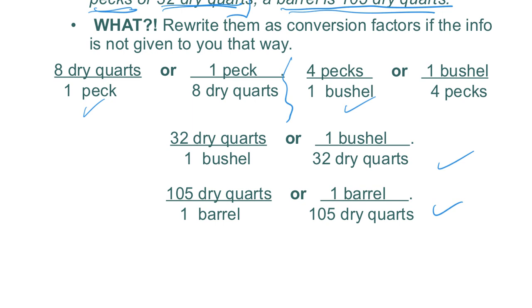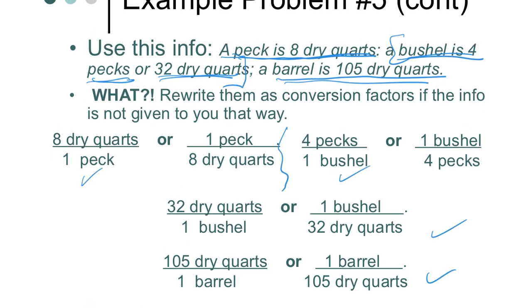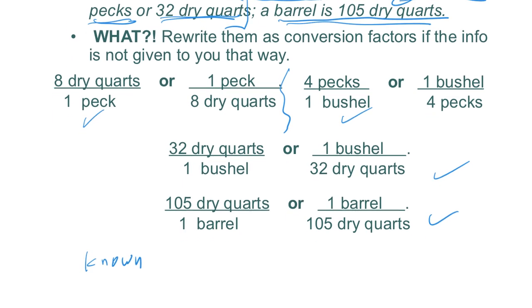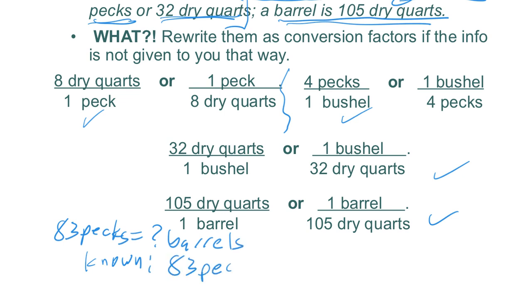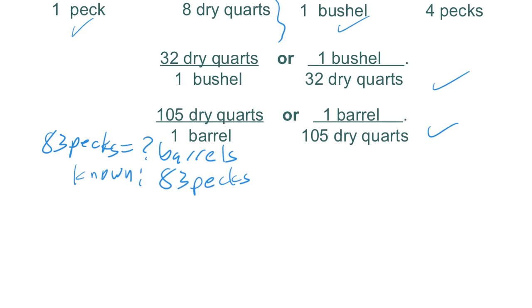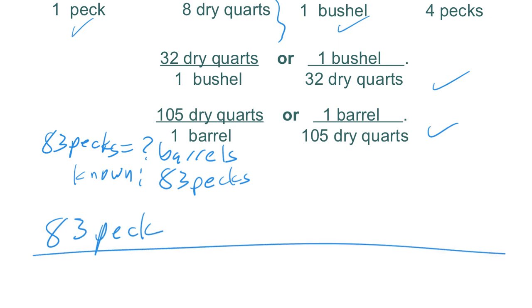What is the known term? Well, all the conversion factors are known terms, but if you go to the original question, it reads 83 pecks equals how many barrels? So the known term is 83 pecks. Okay, so we're going to start with 83 pecks. What is my unknown term that I'm looking for?